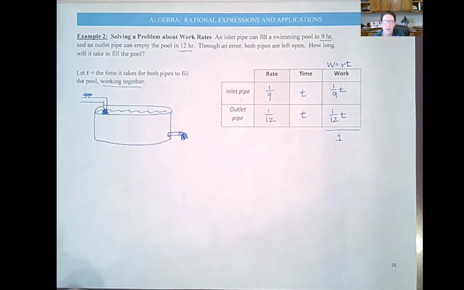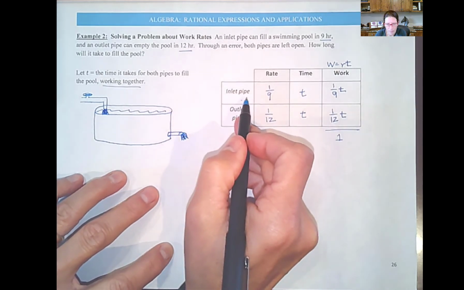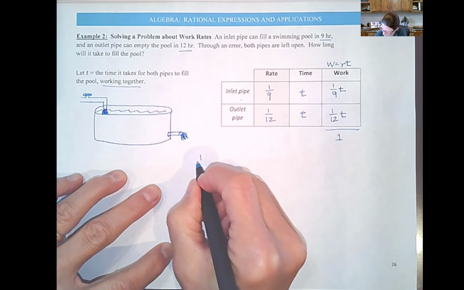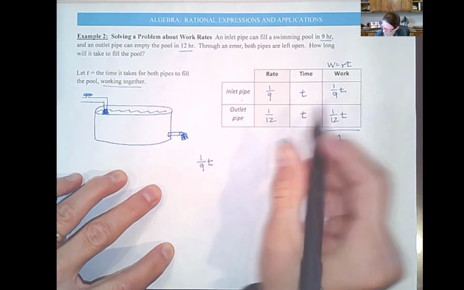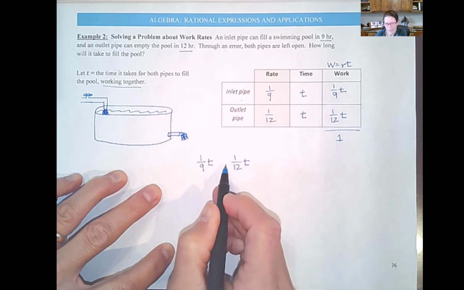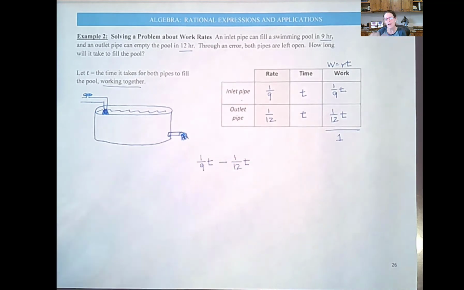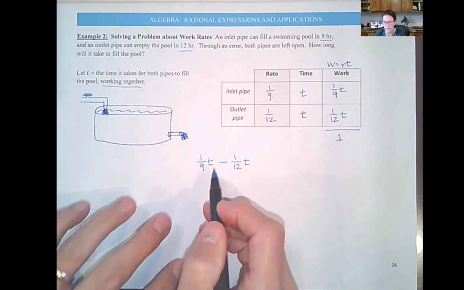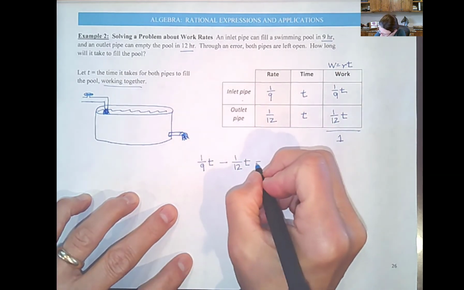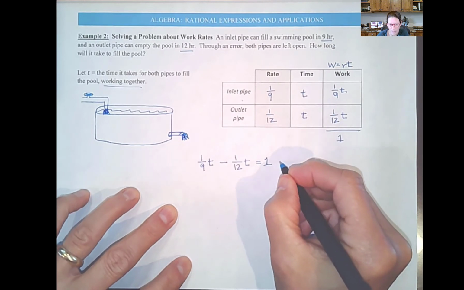But this problem's going to be set up a little bit differently from our previous one, because the amount of work done by the inlet pipe, 1/9 T, and the amount of work done by the outlet pipe, 1/12 T, aren't going to be added together, rather subtracted. The inlet pipe is filling, the outlet pipe is draining, so it's taking away from the work that the inlet pipe is doing. But hopefully we'll see this pool still get filled. So 1 complete job in the end.